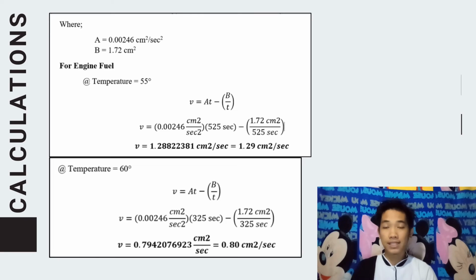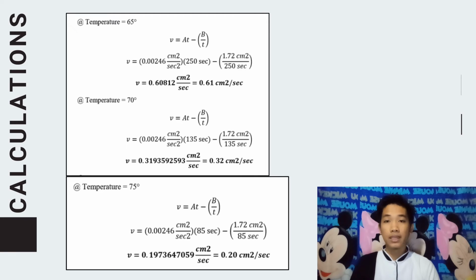At a temperature of 60 degrees Celsius, substituting its value to its main formula, we can generate a result of 0.79420 squared centimeter over second, or equivalent to 0.80 squared centimeter over second.